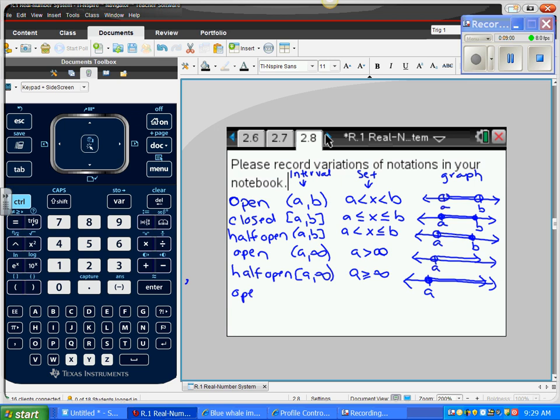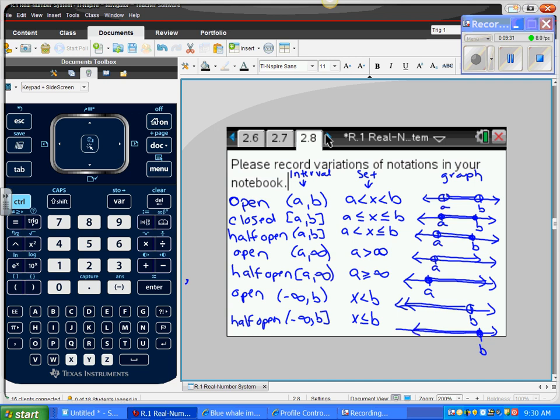Open. And half open. Okay, so please make sure you pause here and get everything into your notebook so that you are aware of how all of these work.